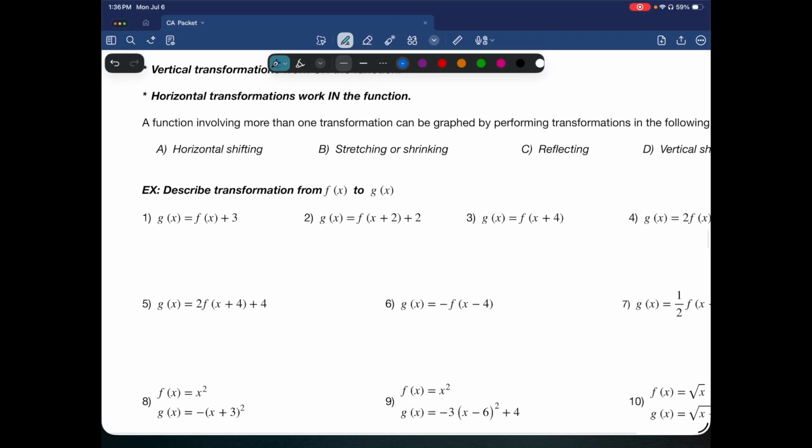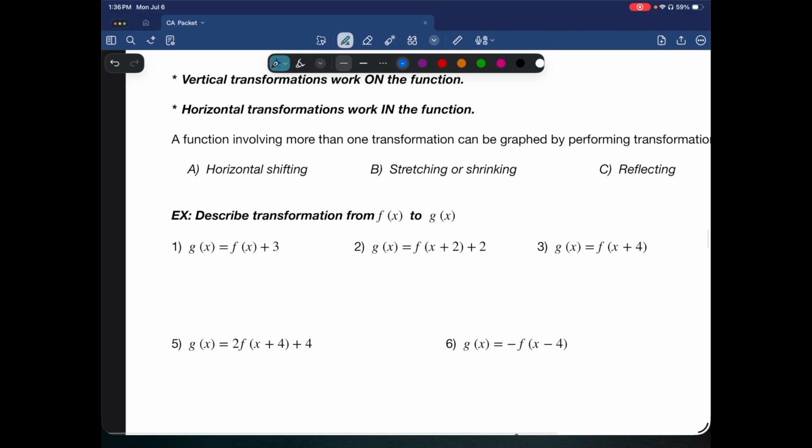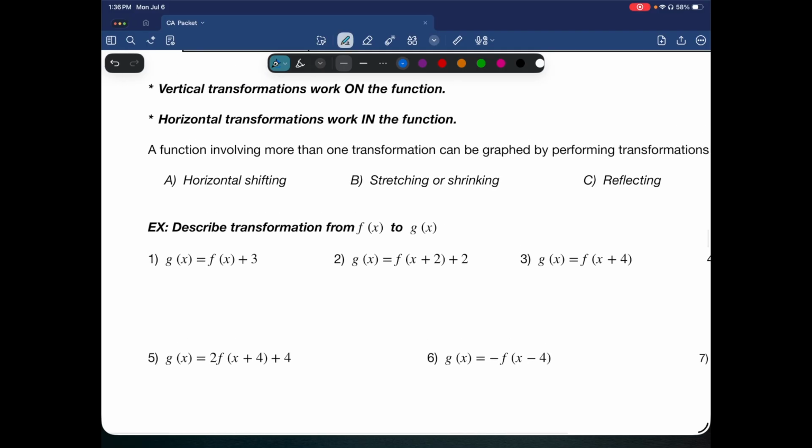Okay, so they give us two functions. f is your original, your parent function, which is not listed, and then they give you g of x, and they want to know, how did you go from f to g? So on number 1, you take f and you add 3 to it, and you're not inside the function, you're outside the function, so that means that's k, which means you're going up 3 units, so up 3.